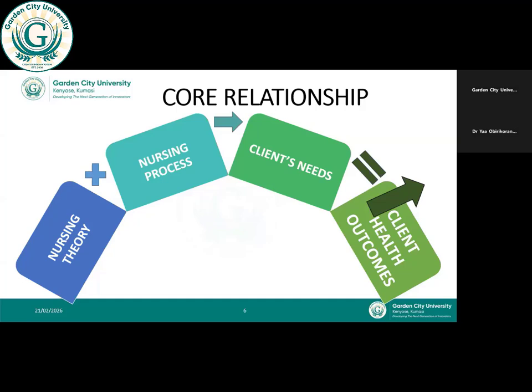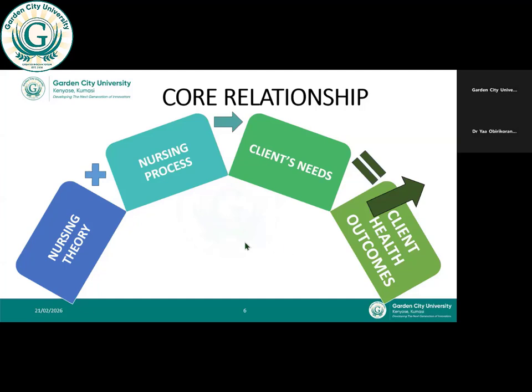So we know the various theories. We've mentioned a couple of them. We are here to take each of the theories to explain the various theories and how we use them. But we do know the nursing process, and we know the needs of our patients. And so this is the relationship that we are going to be looking at.